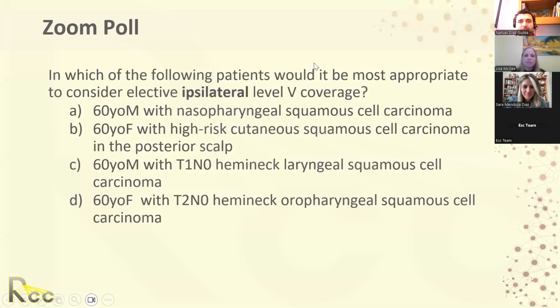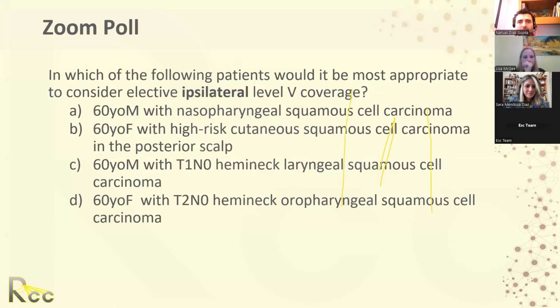And then the next Zoom poll: in which of the following patients would be most appropriate to consider elective ipsilateral level 5 coverage? And I think we probably need to add the qualifier only ipsilateral level 5 coverage. So A would be a 60-year-old male with nasopharynx cancer.